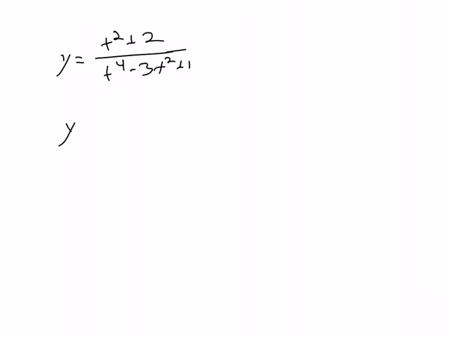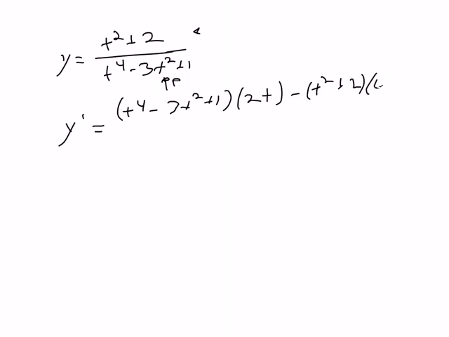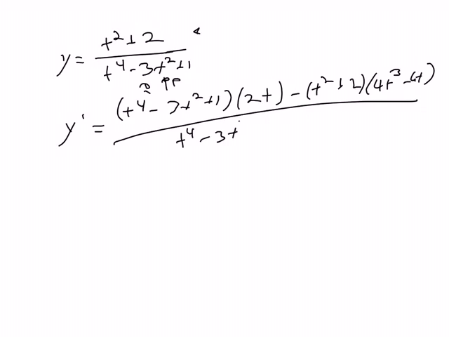So y prime is going to be the bottom times the derivative of the top, which is t to the 4th minus 3t squared plus 1 times 2t, minus t squared plus 2 times the derivative of the bottom, which is 4t to the 3rd minus 6t, all over the bottom squared, which is t to the 4th minus 3t squared plus 1 squared.